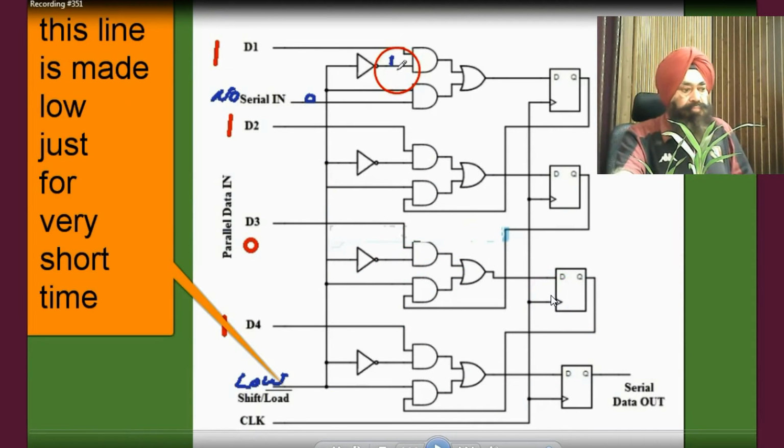This is a circuit diagram for a parallel in, serial out shift register.